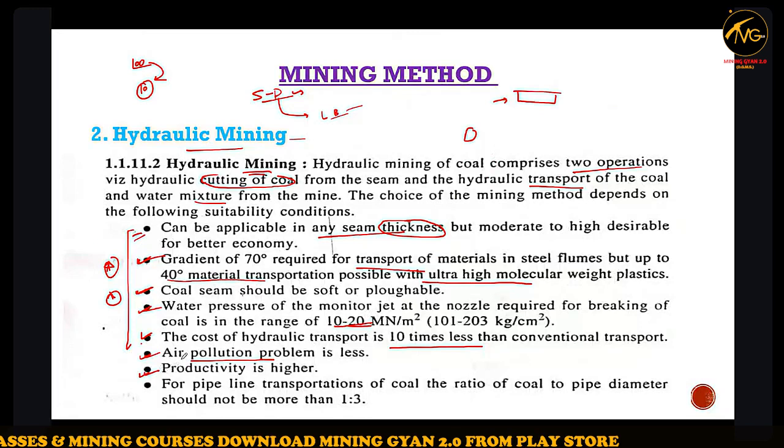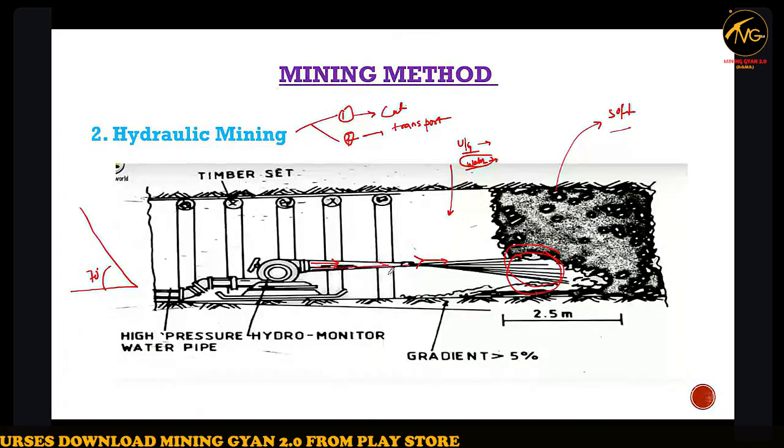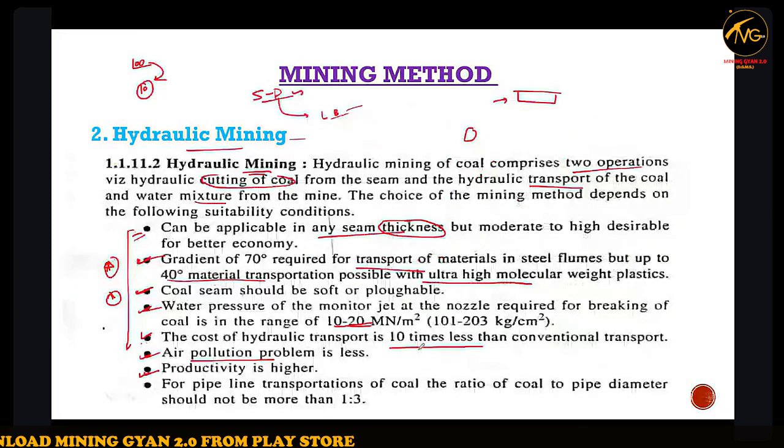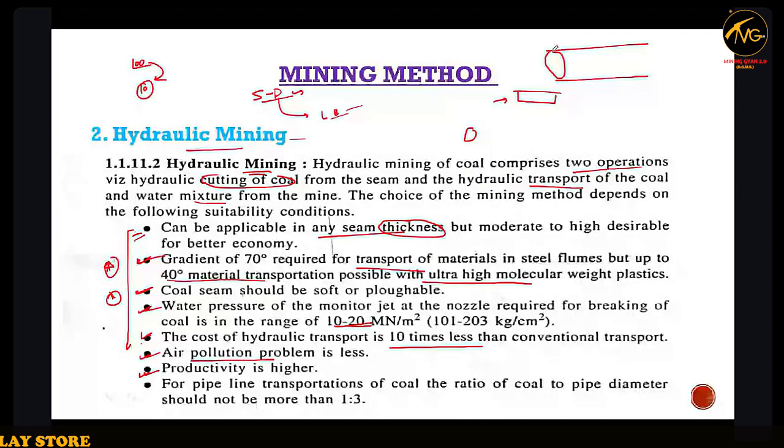Productivity is higher. Productivity will definitely be higher because here we are directly targeting our coal. Pipeline: suppose this is your pipe and this is the pipe's diameter. If the coal boulder is 1, then the pipe diameter should be 3 times.